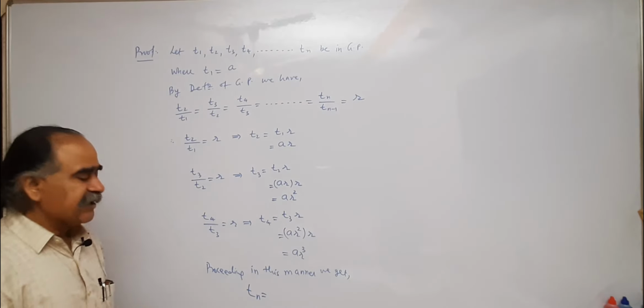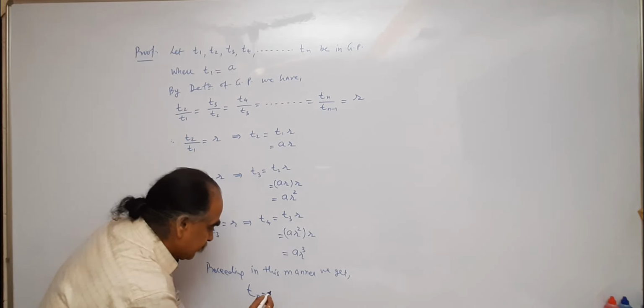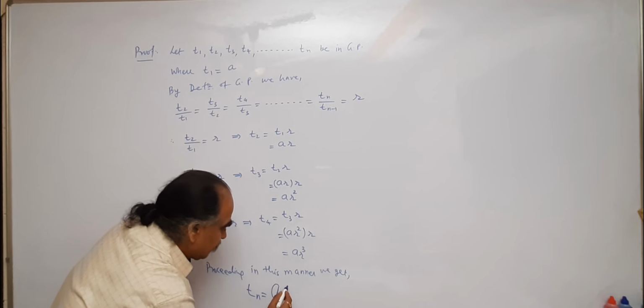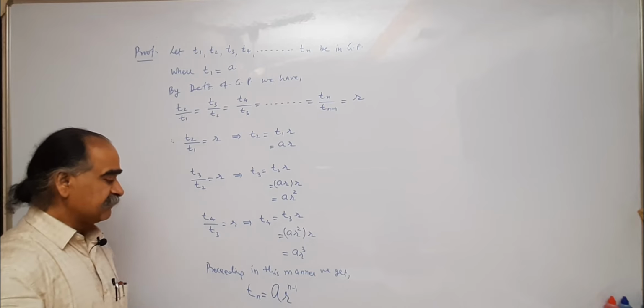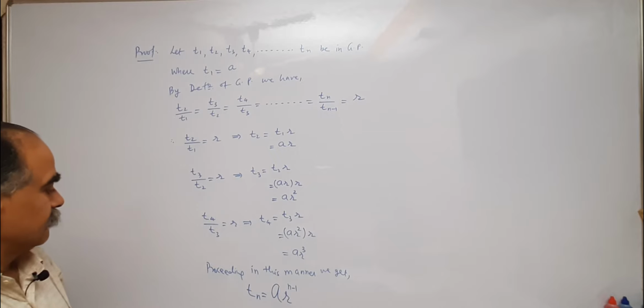So the power of R is 1 less than the number of the term. So the nth term is A into R power n minus 1. This is the formula for the nth term of GP.